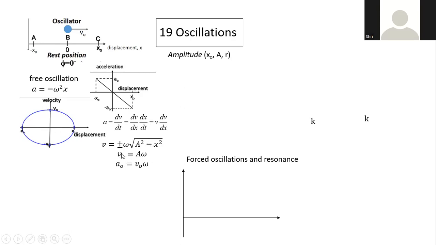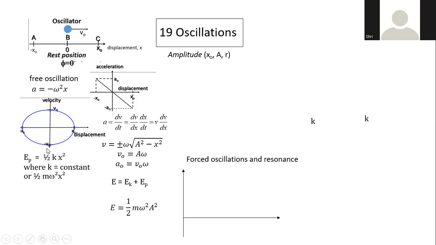Your V naught is same as circular motion, r times omega. Acceleration is V naught times omega. And remember that total mechanical energy equals kinetic plus potential energy. Then total energy depends on amplitude only, and omega square. The easiest way to remember is to remember a spring.